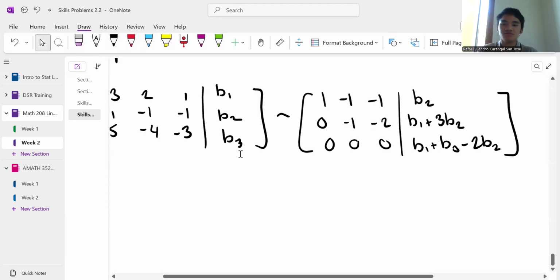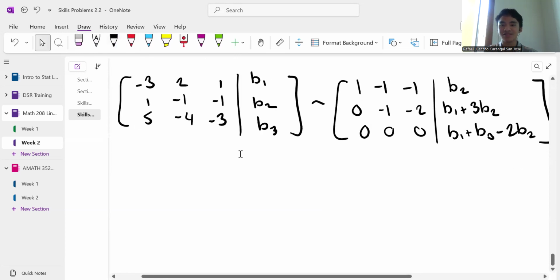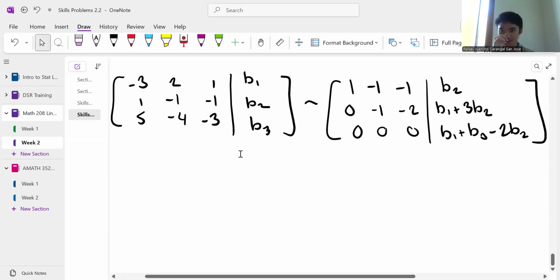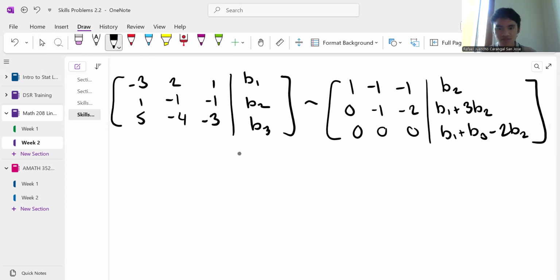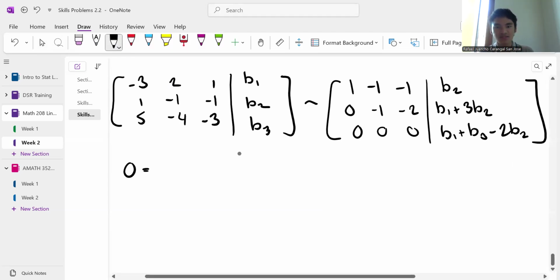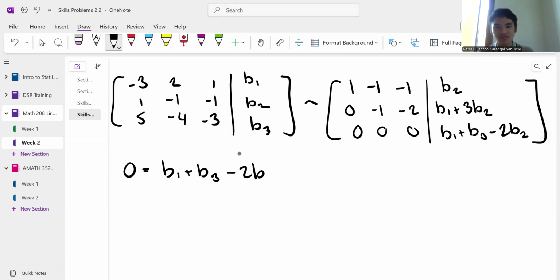And now, I'm not saying this doesn't have a solution. I think it has. So the last row reads as this: 0 equals B1 plus B3 minus 2B2.